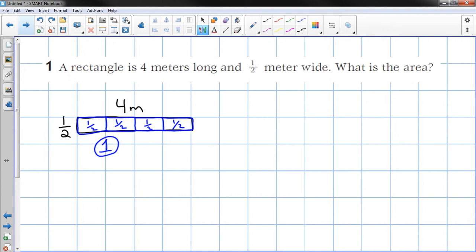And together that makes another whole. So we have 2. 1, 2. So the area is 2 meters squared. Little 2 like that.